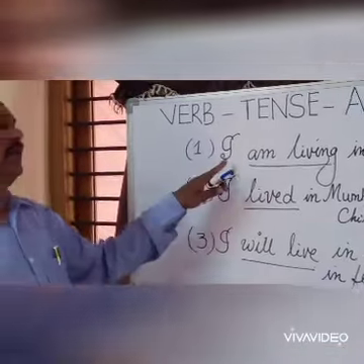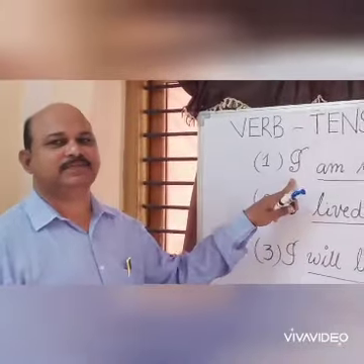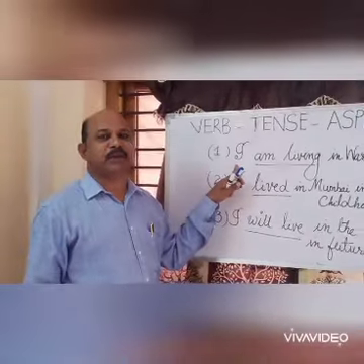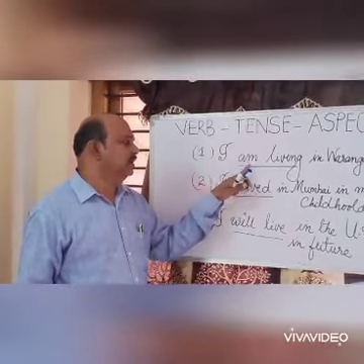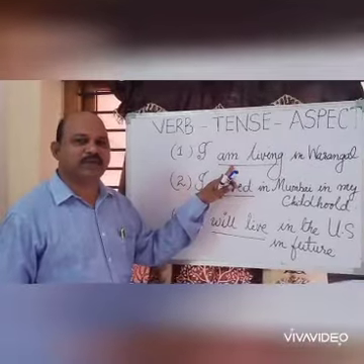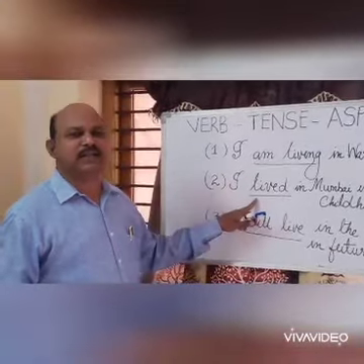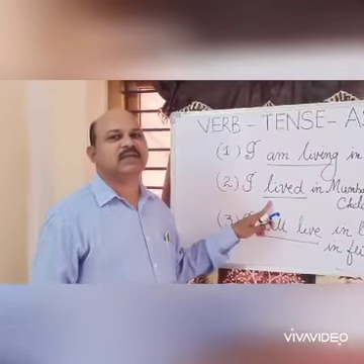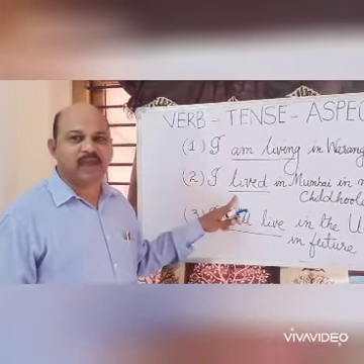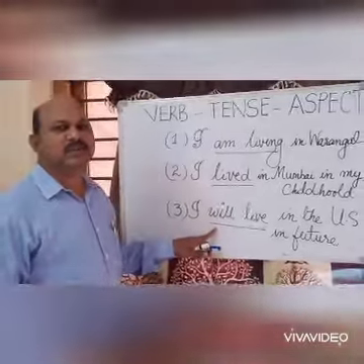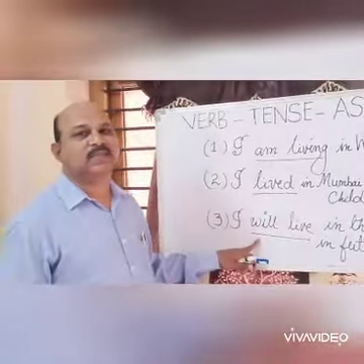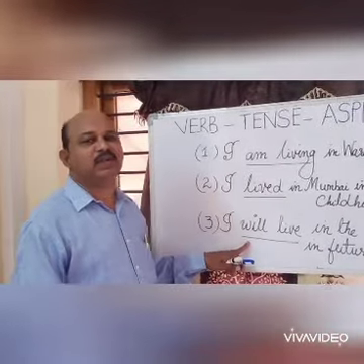The first sentence indicates something is happening now. Here, this verb am living. And in the second sentence, the verb lived indicates something happened a long way back. And in the third sentence, will live indicates that it will happen in the future.